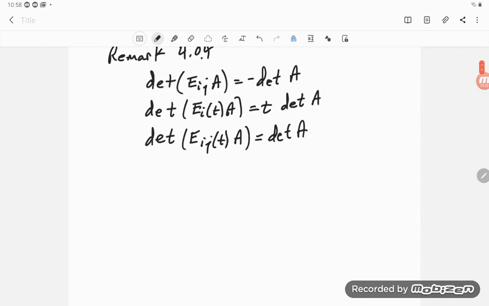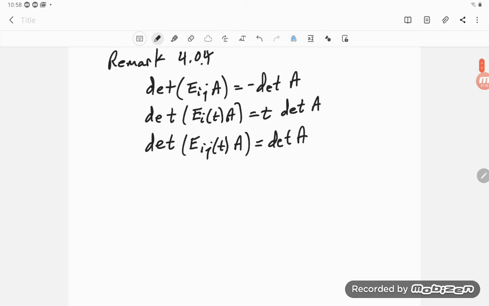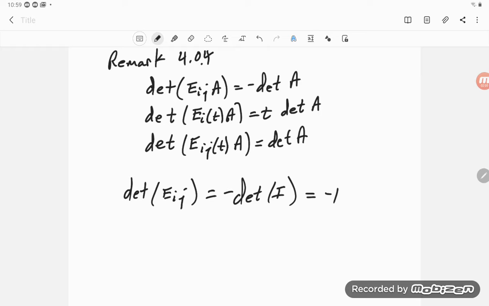Now this hints at something. So we see some matrix multiplications. Well, let's look at the determinant of Eij. Remember that Eij is simply two rows of the identity swapped. The determinant of the identity is 1, and if I swap two rows of that, it's minus the determinant of the identity, so that's -1.